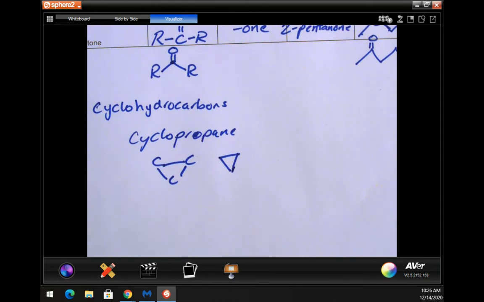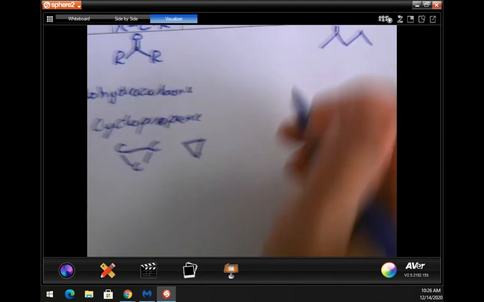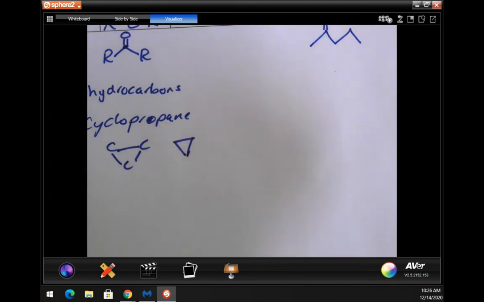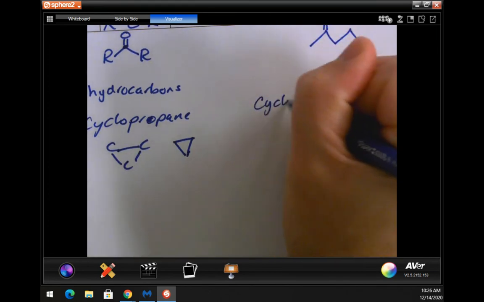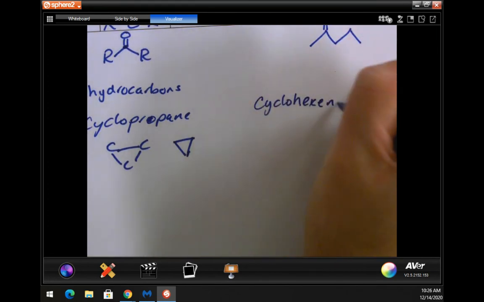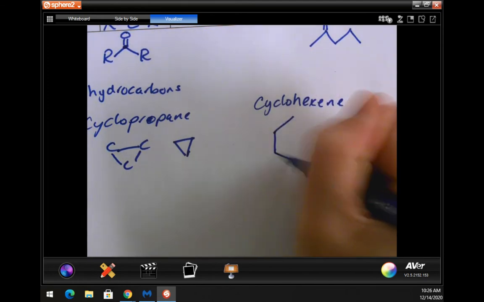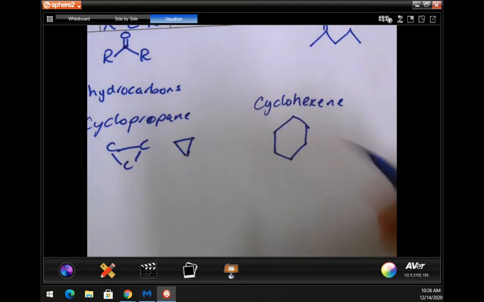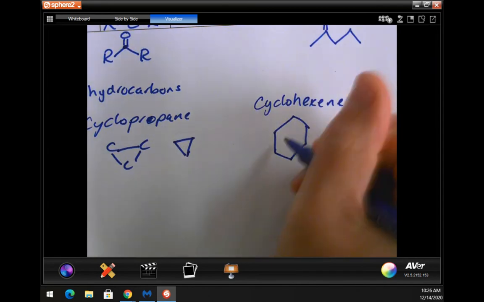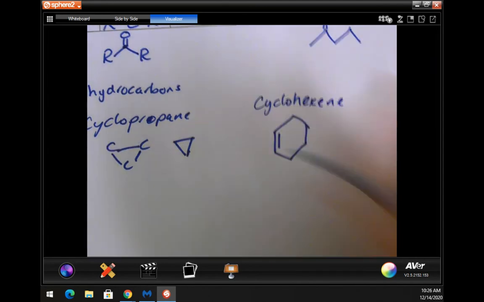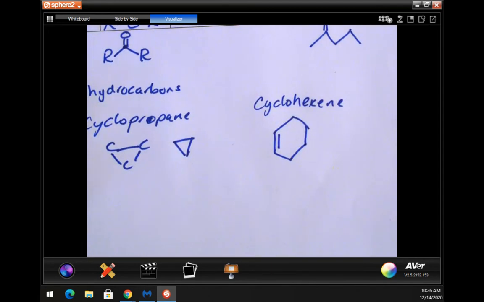You can also have alkenes and alkynes turn into cyclos. So like if I had cyclohexene, it would look like this. Draw your cyclo out, 6 of them, and then you put a double bond. And you're like, well, how do you know where to put the double bond?